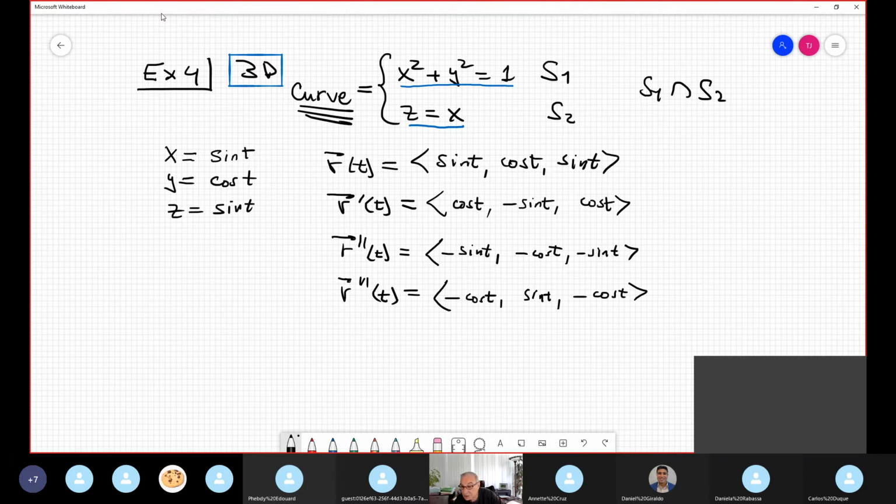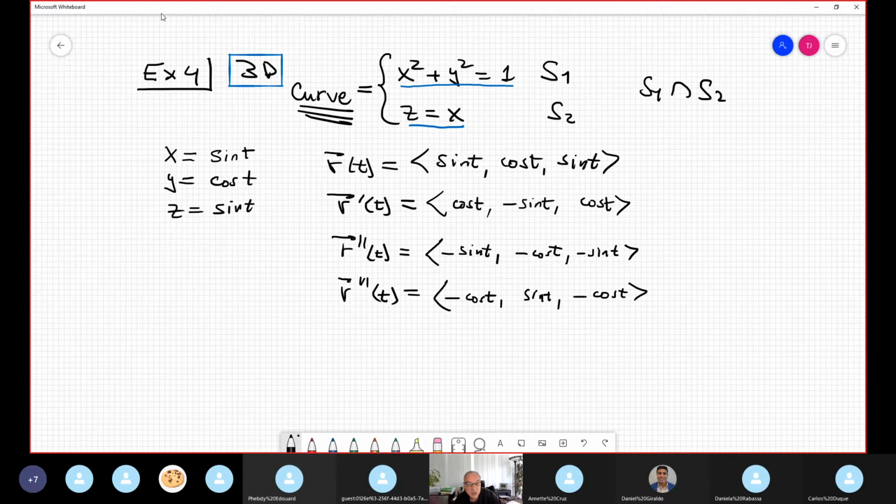Any chance Z can also be cosine t? No, because there is a connection between Z and X. So the equation for Z is equal to the equation for X. Copy and paste. That's it. No cosine. Make sense?